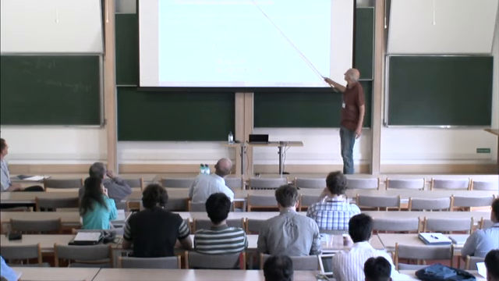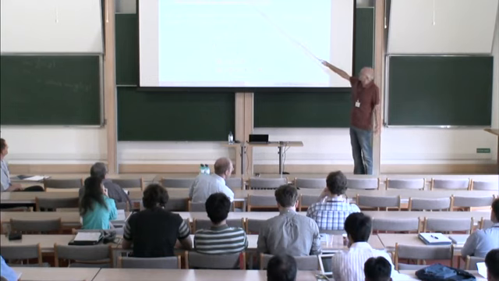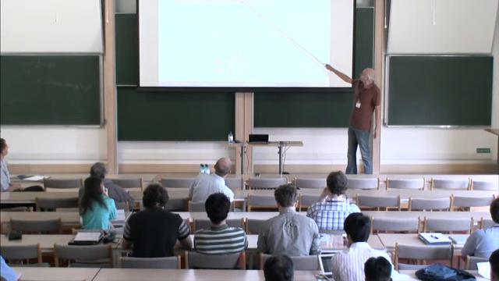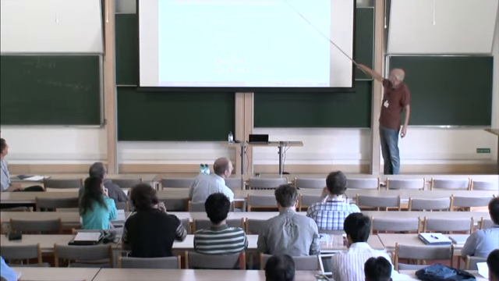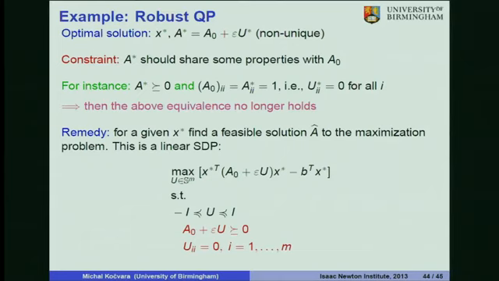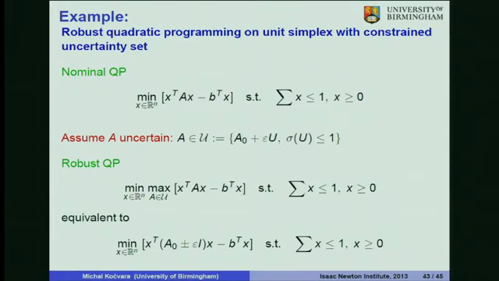Or I may require that the diagonal elements of the original matrix were equal to 1. I still require it to be equal to 1, which means that the optimal matrix U should have zeros on the diagonal, again, which is not the case of the identity matrix, which I computed there. So once we add this constraint that the perturbed matrix should satisfy some more constraints, this equivalence is no longer true, so that we cannot solve that directly.